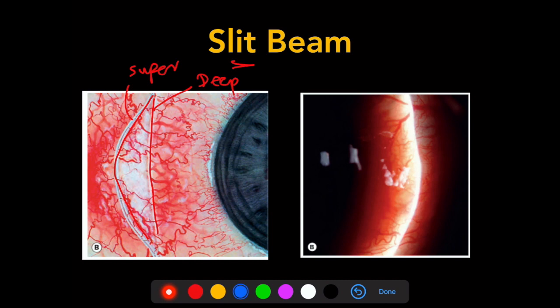This is a nodular episcleritis. Whereas in scleritis, not just the superficial but also the deep beam, so both the beams are going to get elevated because of the underlying scleral edema, right? So that is a very important differentiation between episcleritis and scleritis as well.